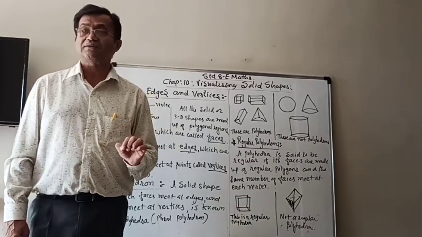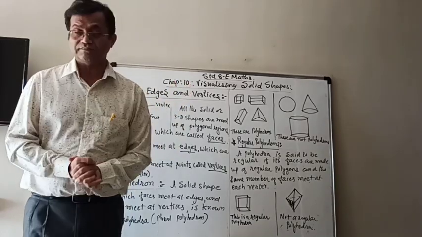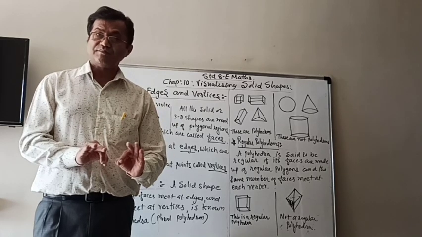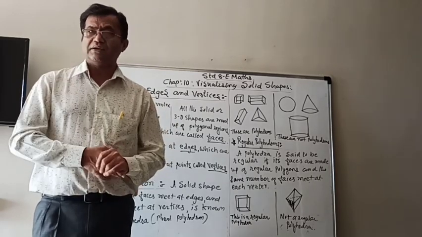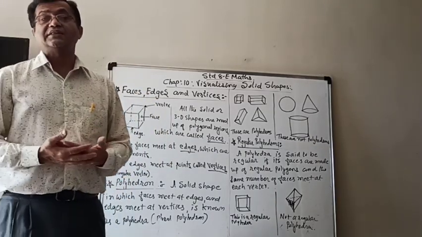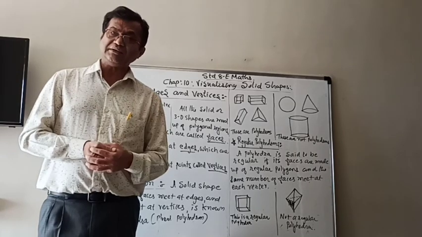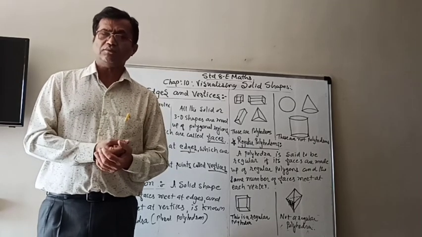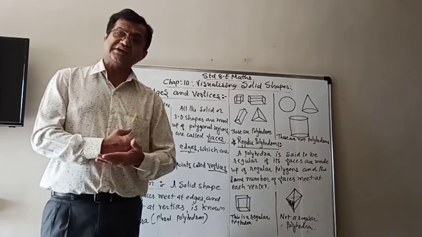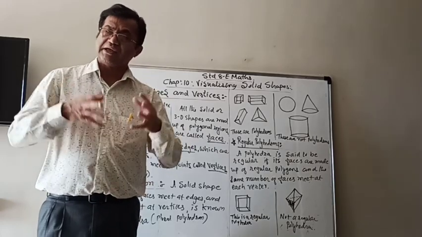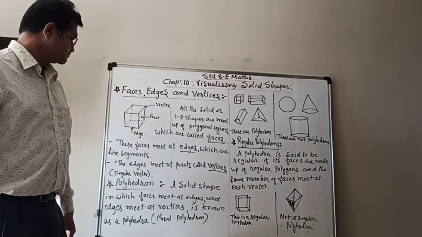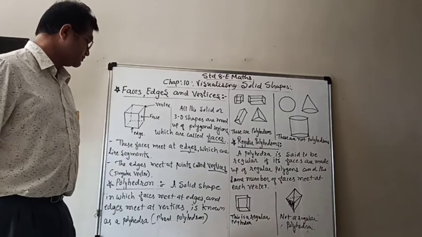Singular is polyhedron, plural is polyhedra. So what are polyhedra? Solid shapes in which faces meet at the edges, and edges meet at the vertices. That type of solid shapes are known as polyhedra.